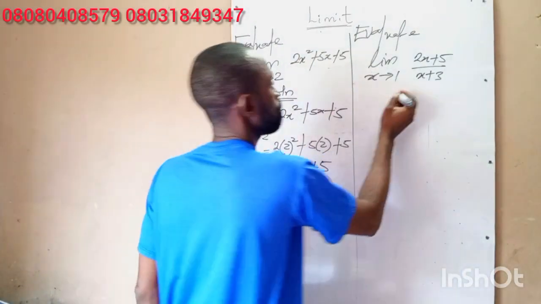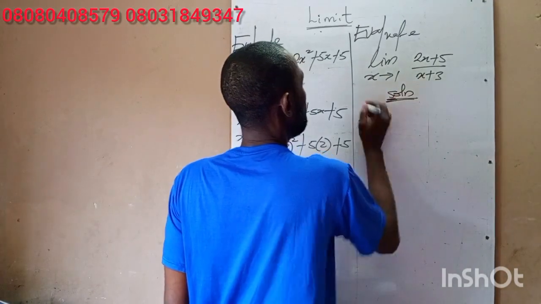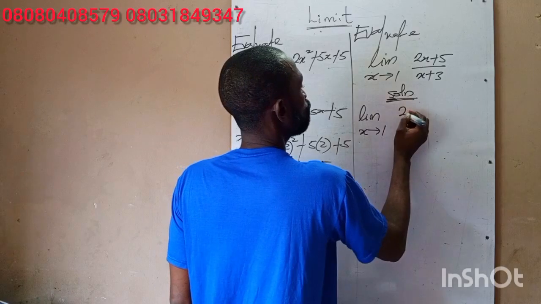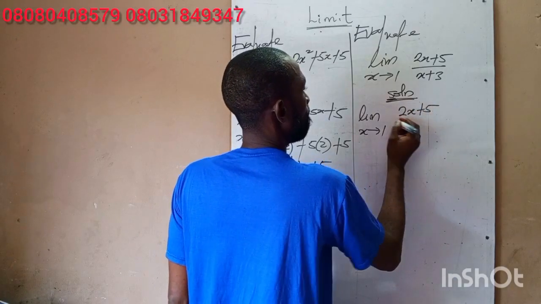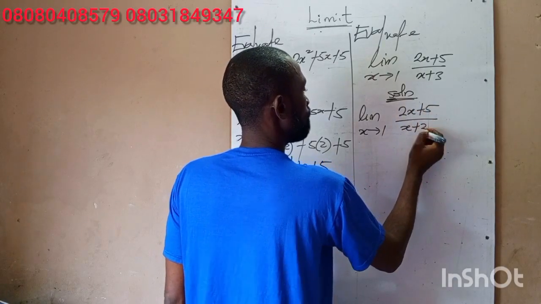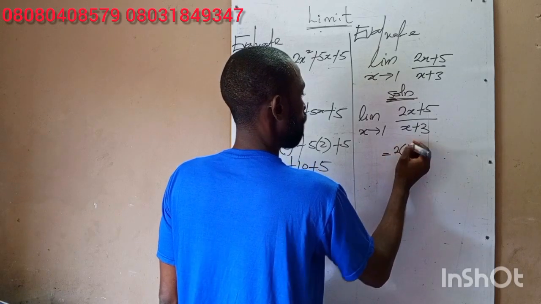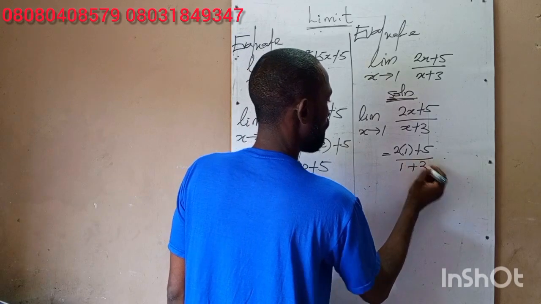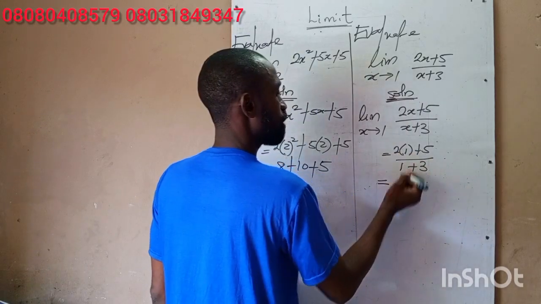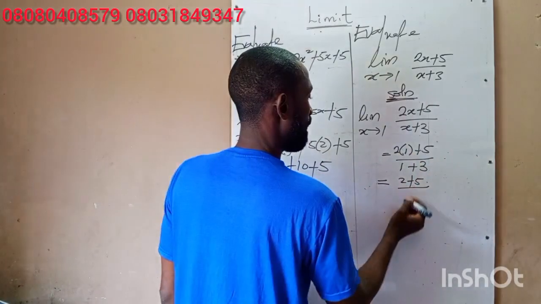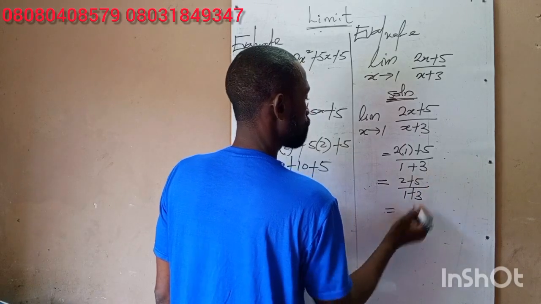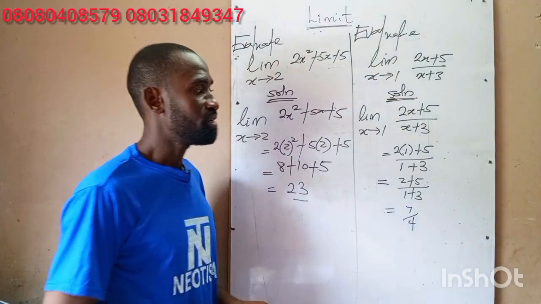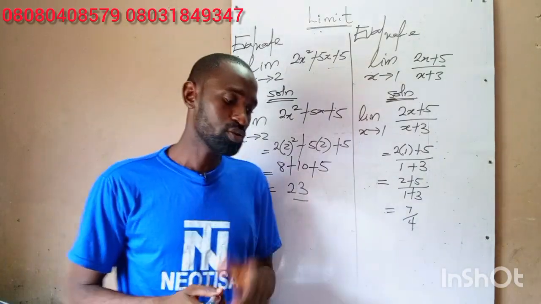Solution: the limit as x tends to 1 of 2x plus 5 all over x plus 3 will give us 2 times 1 plus 5 all over 1 plus 3. 2 times 1 is 2, plus 5, all over 1 plus 3. So we have 7 over 4. So the answer to this question is 7 over 4.